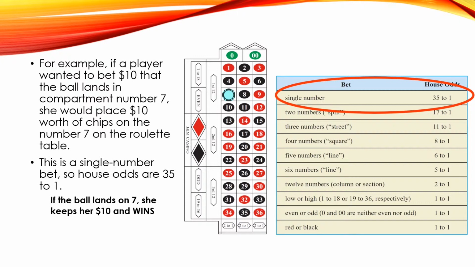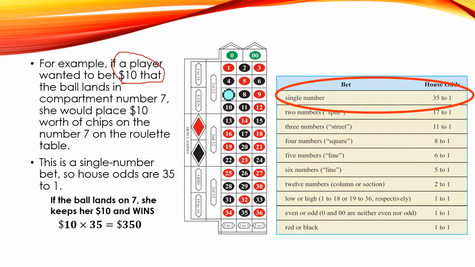If the ball lands on 7, she gets to keep her $10 and she wins. Okay, remember we bet $10 and the house odds are 35 to 1. So you do $10 times 35. So whatever your bet was times whatever that first number in the house odds are. So 10 times 35, so she wins $350.